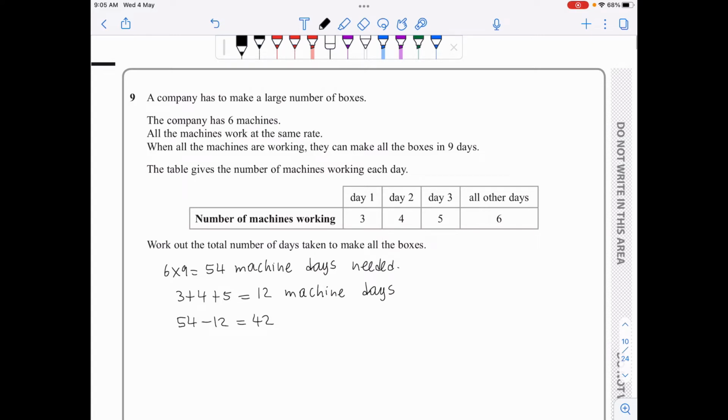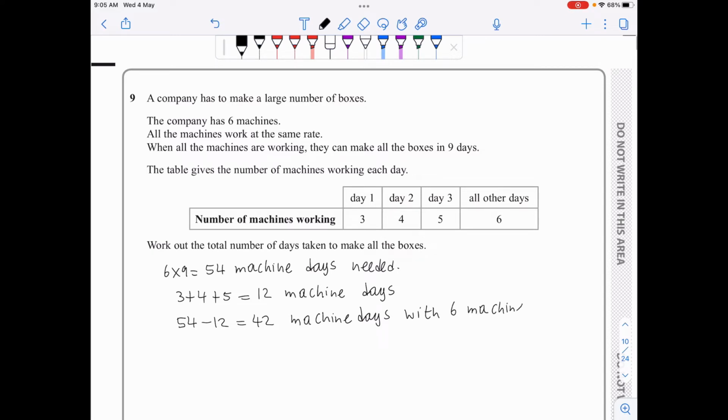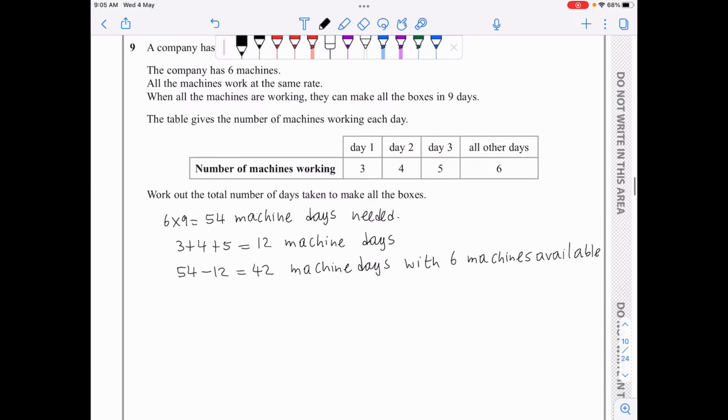We've got 42 machine days with 6 machines available. So this means that we need an extra 7 days, so 42 over 6. We need an extra 7 days to finish.